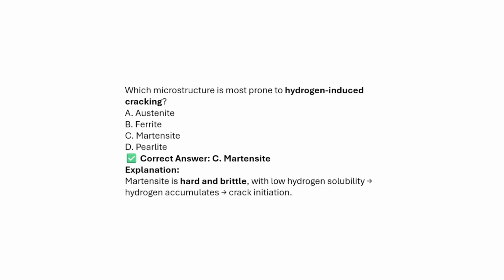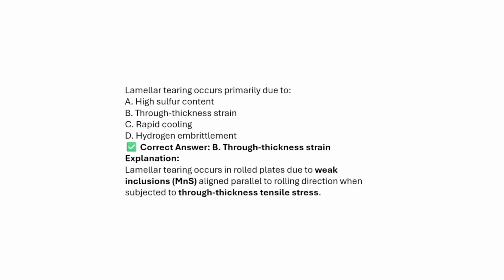Low hydrogen solubility means hydrogen will segregate at the grain boundaries. The grain boundaries accumulate a higher concentration of hydrogen, which will initiate hydrogen embrittlement followed by crack formation. So the answer will be martensite.